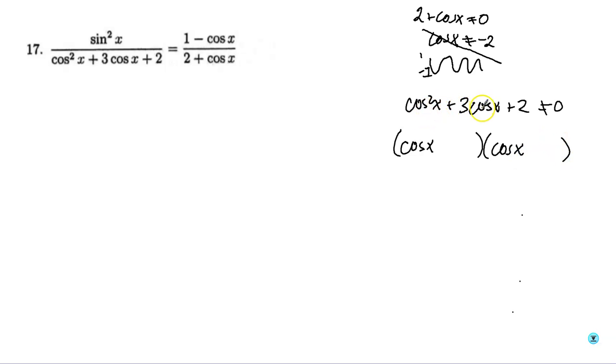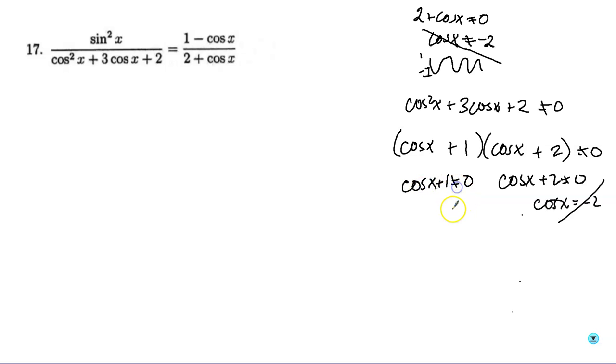It's like having x squared plus 3x plus 2. So I'd have 2 and 1, and they'd both be positive. So we already know, this one is cos x plus 2, which is cos x equals negative 2, which again, cosine can't be outside of negative 1 to 1. This one is cos x plus 1 equals 0, so this is cos x can't be negative 1.